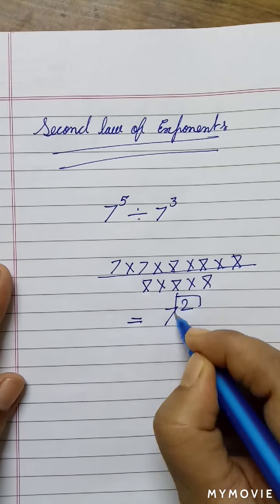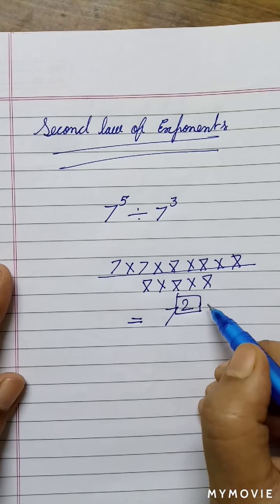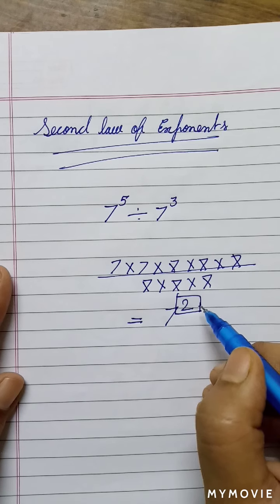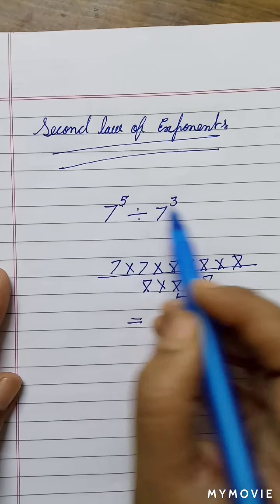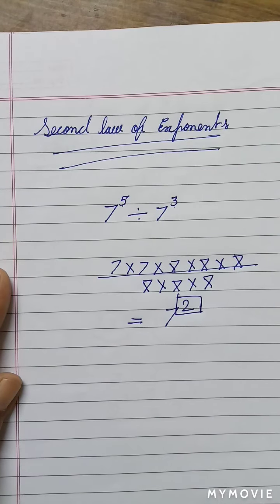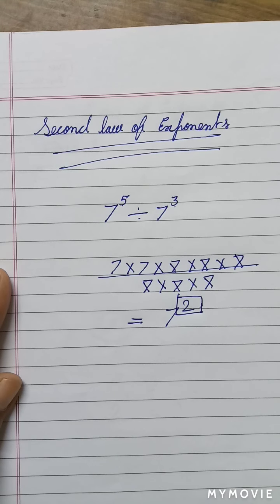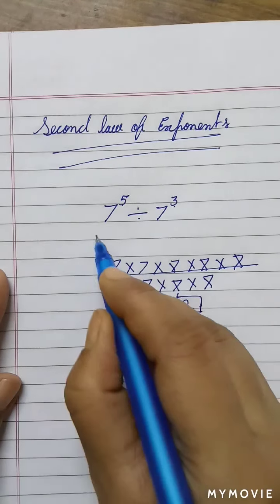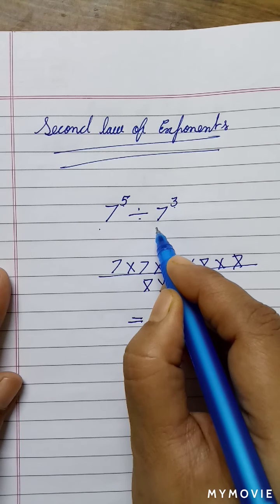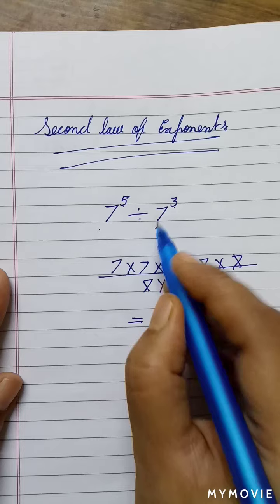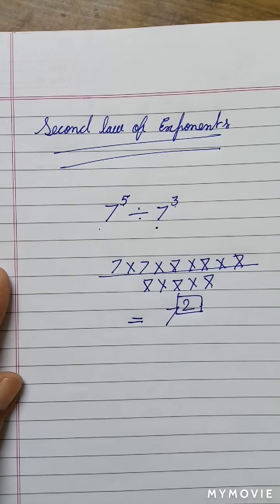So now look at this exponent 2. This is actually a difference of this exponent and this exponent. So we can safely say the second law of exponents states that whenever the bases are same, we subtract the exponents.